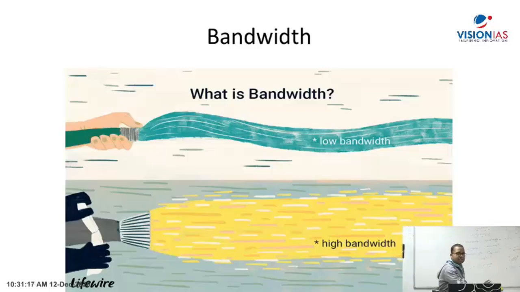So bandwidth is nothing but capacity of the network. Okay, so bandwidth is, just write this, bandwidth is capacity of the network. I will make you understand this. First write, bandwidth is capacity of the network.